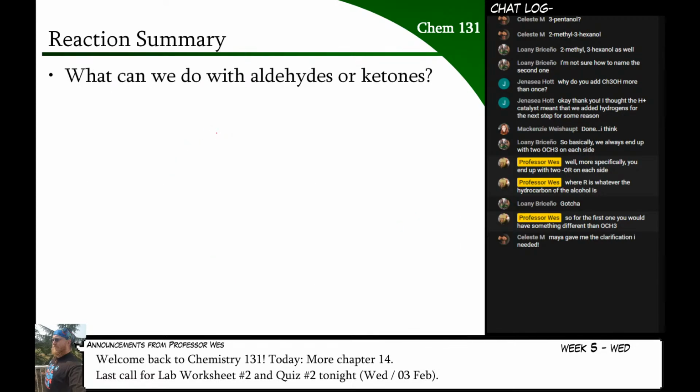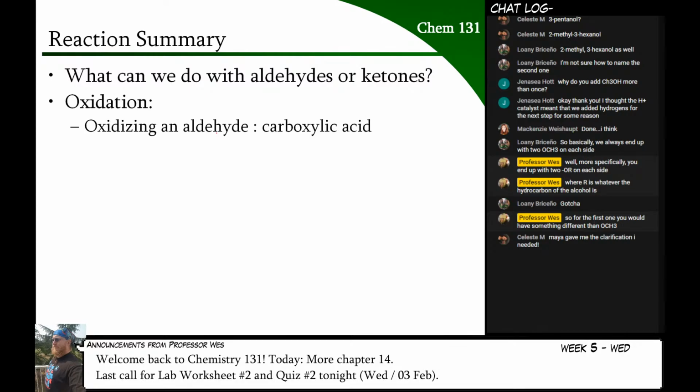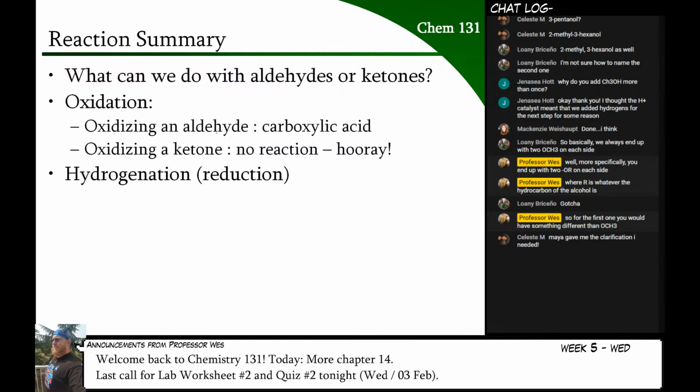All right, so let's summarize what we can do with aldehydes and ketones. What did we learn that we can do? We sort of already knew that you could oxidize aldehydes into carboxylic acids, but we'll repeat it here. Can't oxidize a ketone. There's no H on the carbon adjacent to it to do anything with. We can reduce aldehydes and ketones.